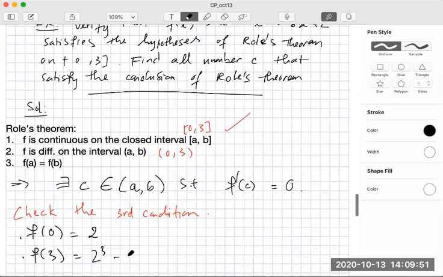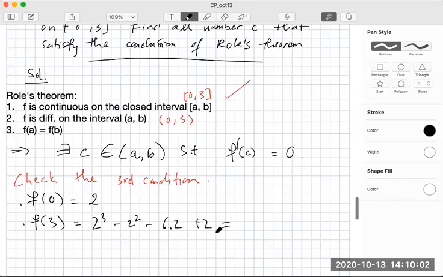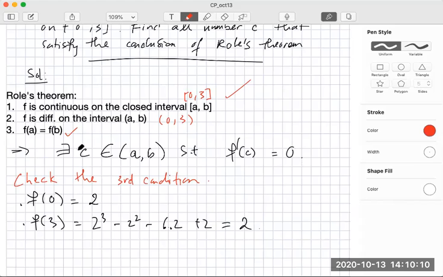Cube minus 2 square minus 6 times 2 plus 2, right? And you do this calculation, you know that it is 2, then it's satisfying the third hypothesis, okay?